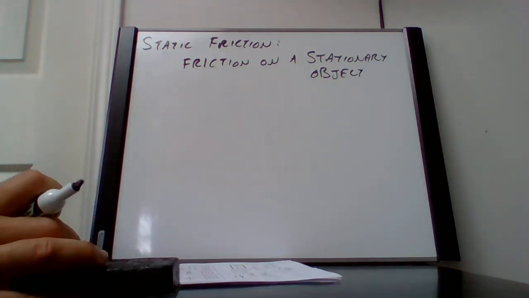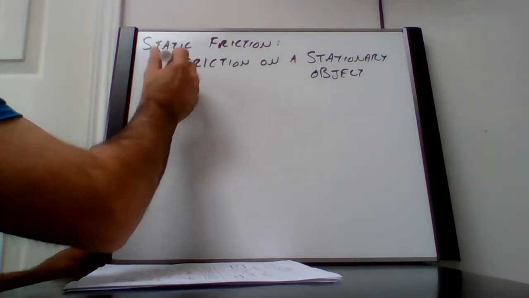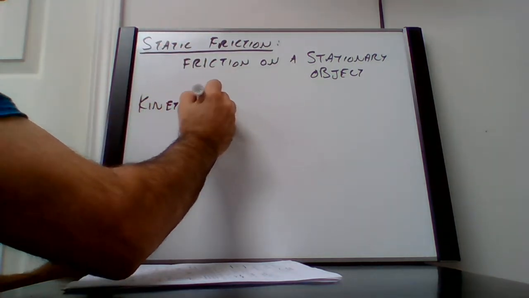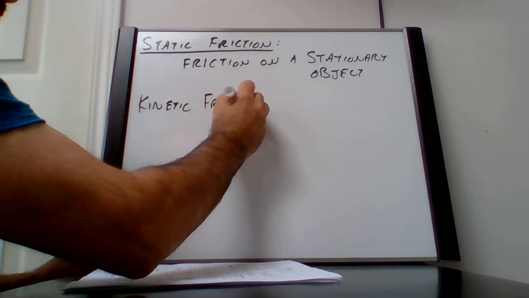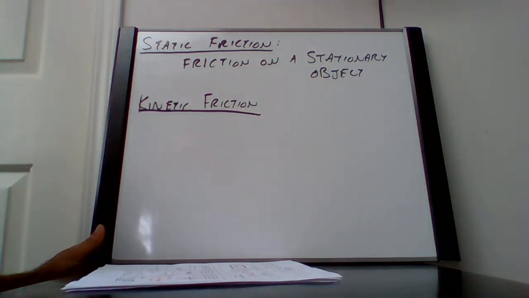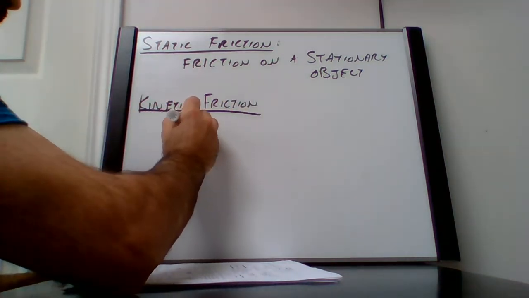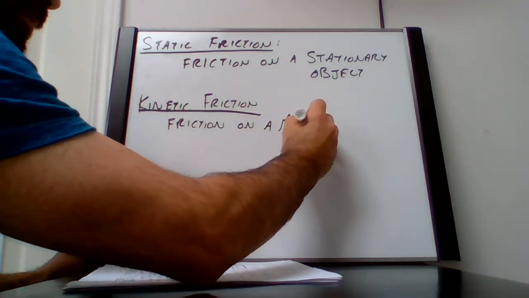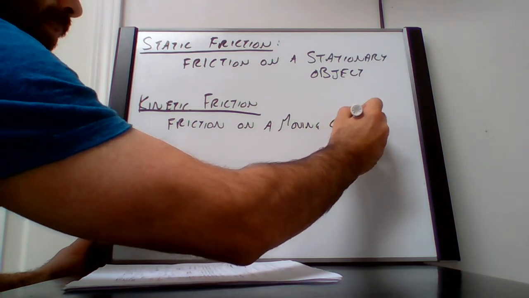Once we start moving, this is called kinetic friction. Okay, so kinetic friction is the friction on a moving object.